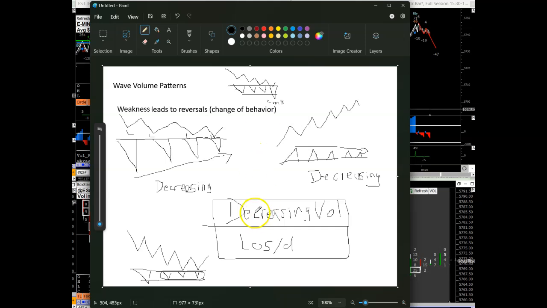But these two already prove that supply is drying up. Whereas after the climax, you have to wait for testing. But these, as they're in motion, as they're moving, they are showing you that the supply has dried up. It's decreasing volume and below average. So below.